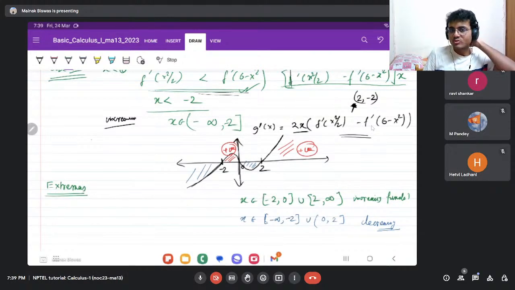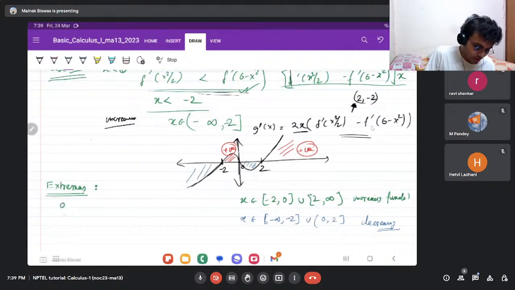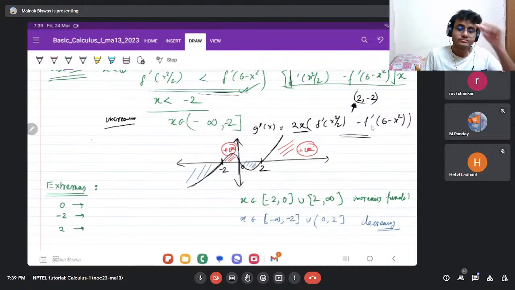Which is a maxima, which is a minima? 0, minus 2 and 2. Is 0 a local minima or maxima? From the g dash x curve we have seen, right?